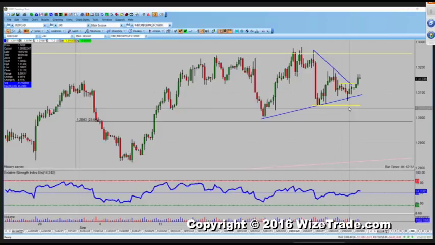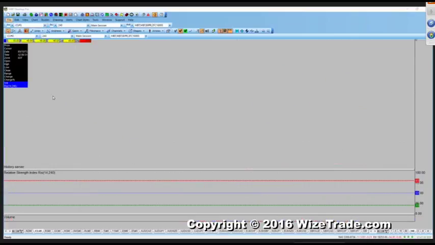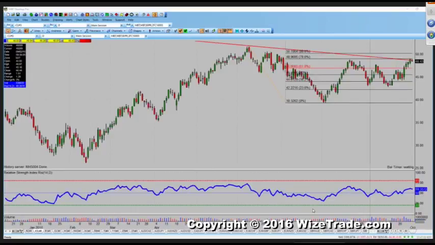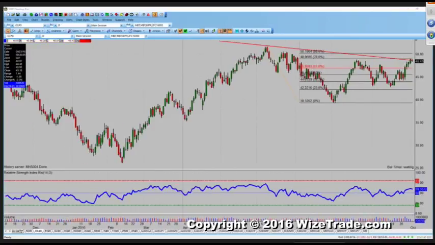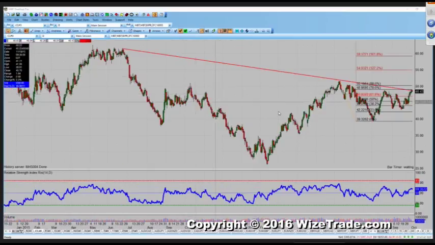Now, crude, we're not sure if it's going to break $49, but if it breaks 49 bucks, that'd be pretty bullish, you know. So if you take a look at crude oil, you have your major inverted head and shoulder pattern neckline.